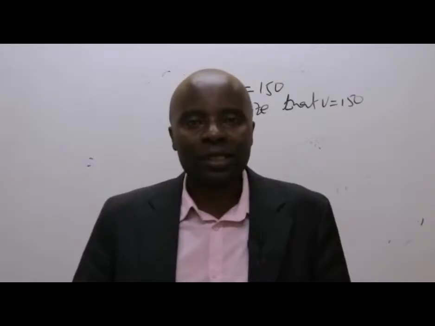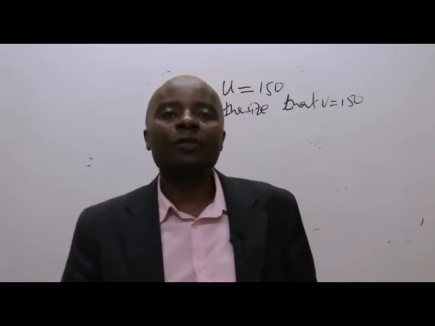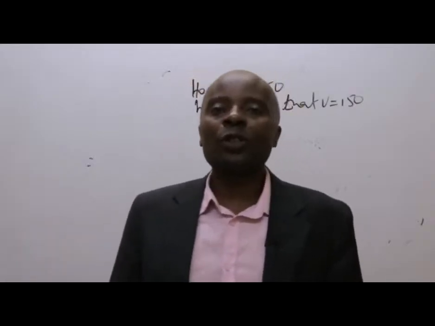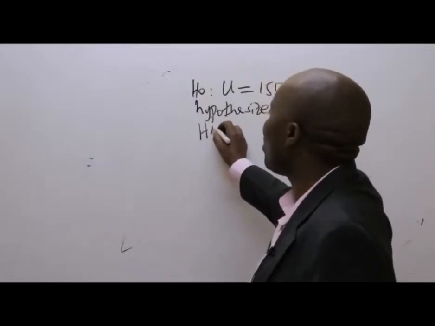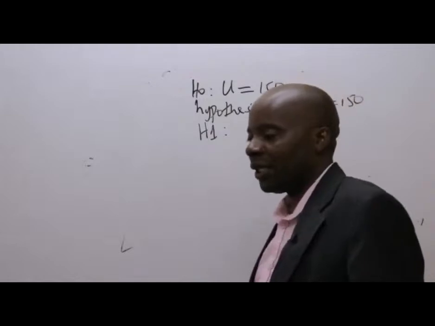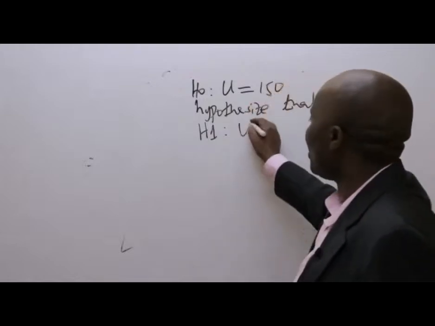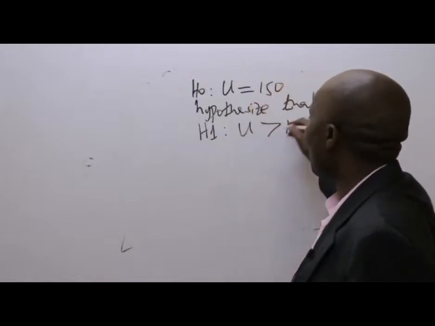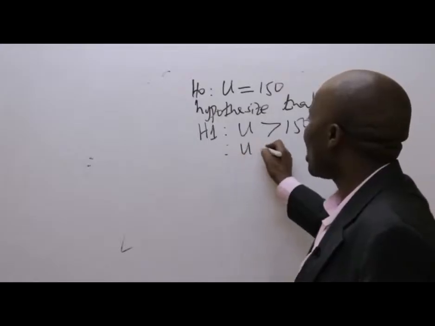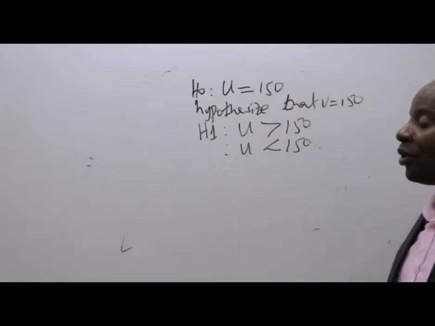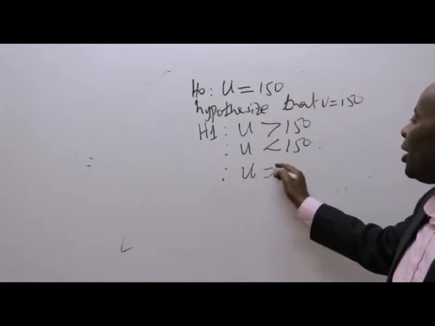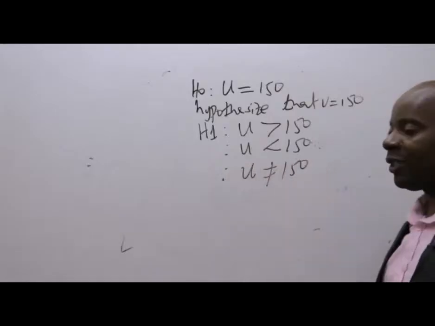And for us to test this, we need an alternative. So for the alternative, listen to me very well. For the alternative, which we'll be calling H1, there are three possibilities. It is either you tell us U is more than 150, or U is less than 150, or U is not equal to 150.